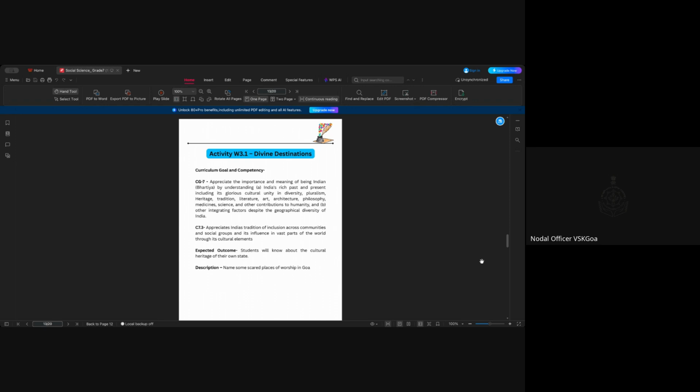The teacher can ask the students to mention some sacred places of worship in Goa or in India, or maybe from their locality. The expected outcome is that students will know about the cultural heritage of their own state.